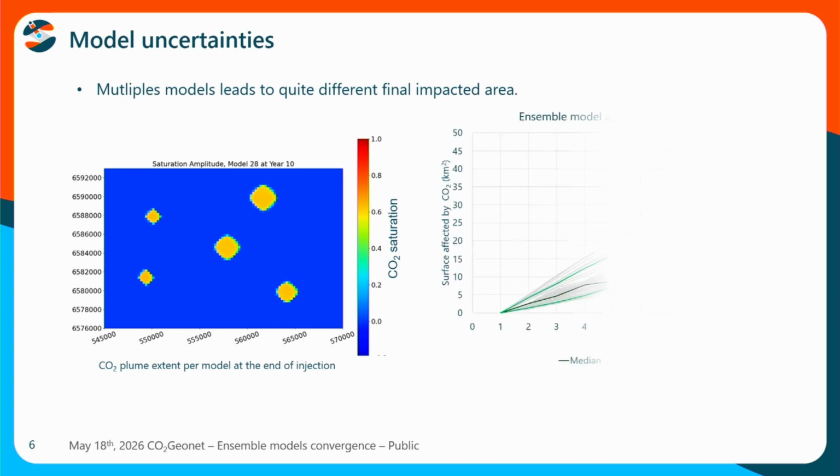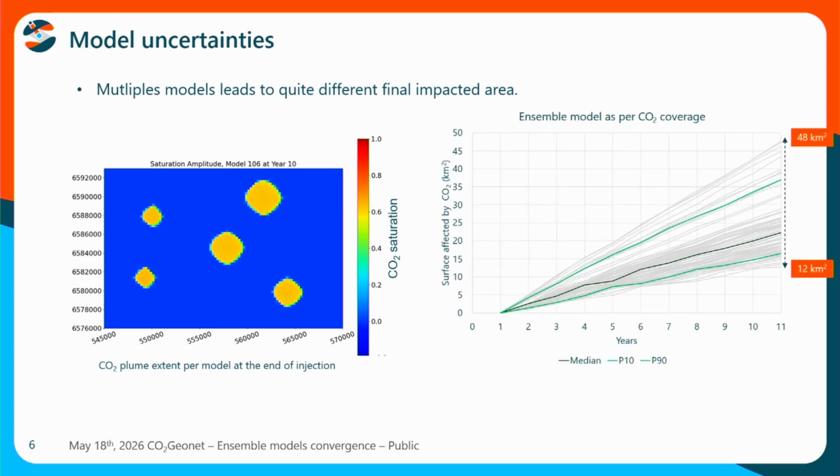In the end, this is the kind of CO2 extension that we have for the 91 models that CMG shared with us. You can see that, at the end of the 10 years of injection, we have a surface map view of the reservoir that is affected by CO2, varying between 12 square kilometers and 48 square kilometers. So you have a variation of a factor 4 between the smaller CO2 plume extent and the bigger one.